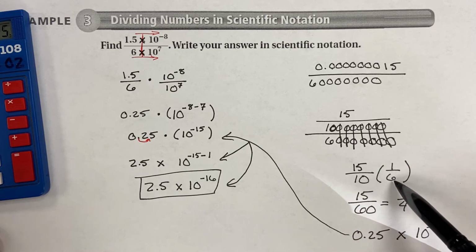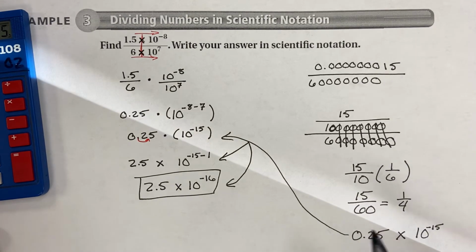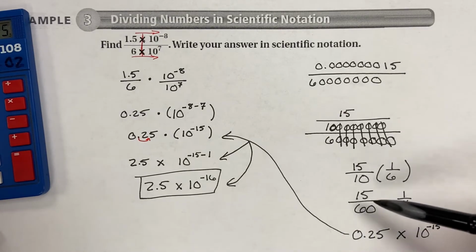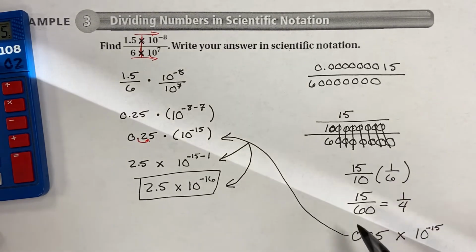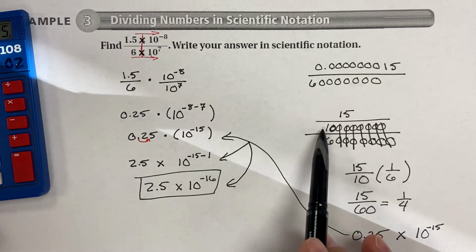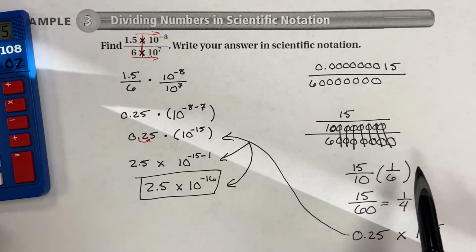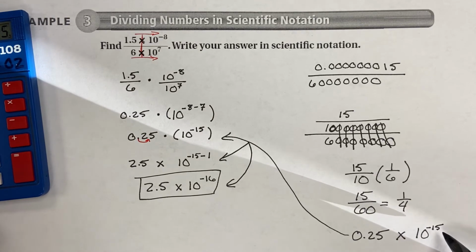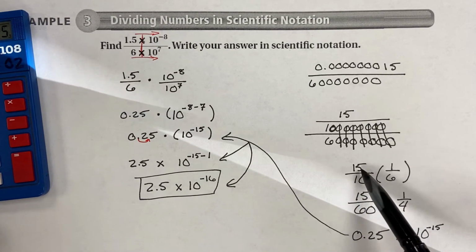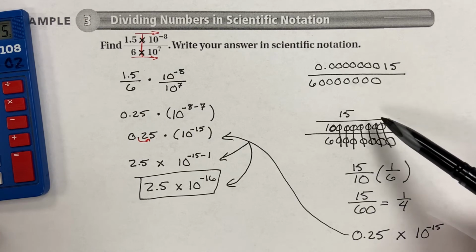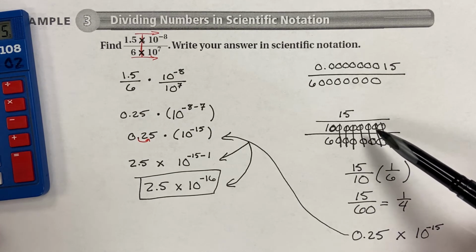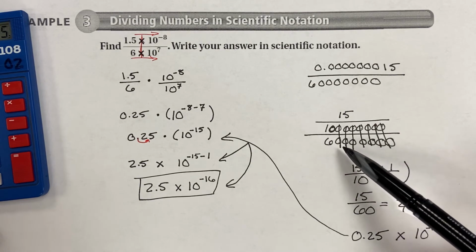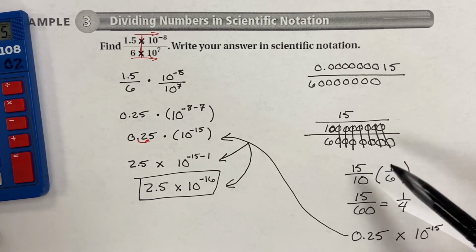Remember, this 10 and this 6 actually multiplied, which means I'm actually taking this 0.25 and I'm taking the 15 and dividing them not by 60, but by 10 million times 6 million, or 100 million times 6 million. And that's why we got such a large or small number, because it's 15 divided by 100 million and 6 million. No, 60 million. I keep saying 6, it's 60.